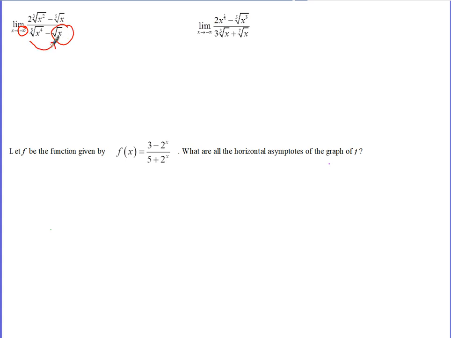It's going to be imaginary. If you have any even roots and you're substituting negative infinity, that's going to be undefined. This is the case where the graph doesn't even head towards negative infinity. This one with negative infinity, notice this is a cube root, 5th root, 7th root, cube root. They're all odd roots, so this is okay.